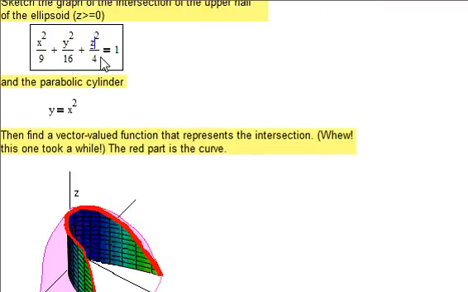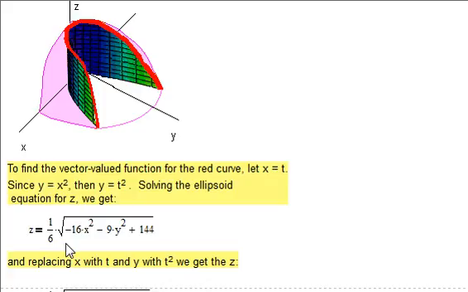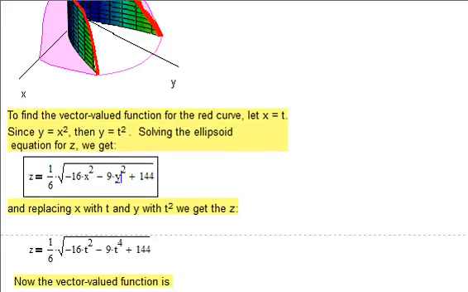If you solve this for z, multiply both sides by 4, subtract all this junk from both sides, trust me, you would probably come up with this without too much difficulty. We're going to replace x in this with t, and y in this with t squared, and we get the z, here it is.